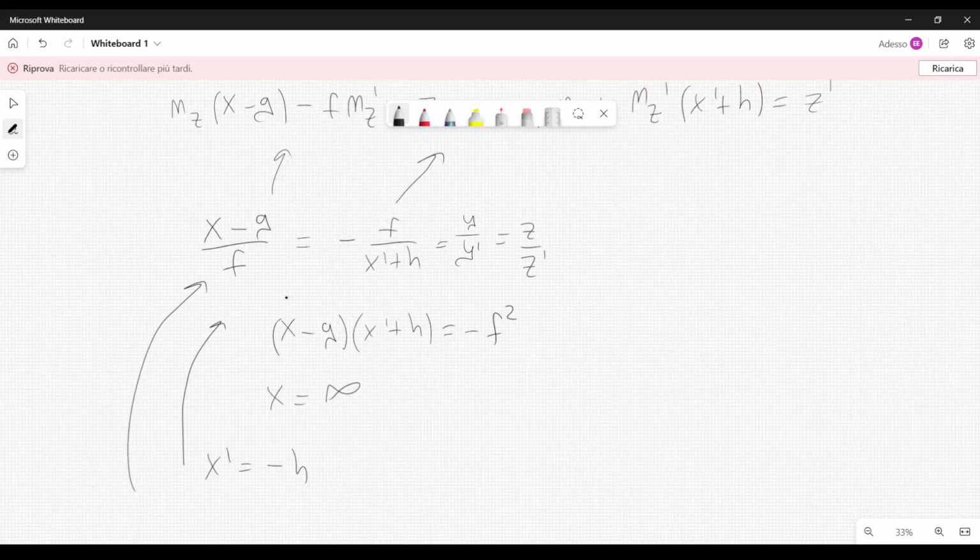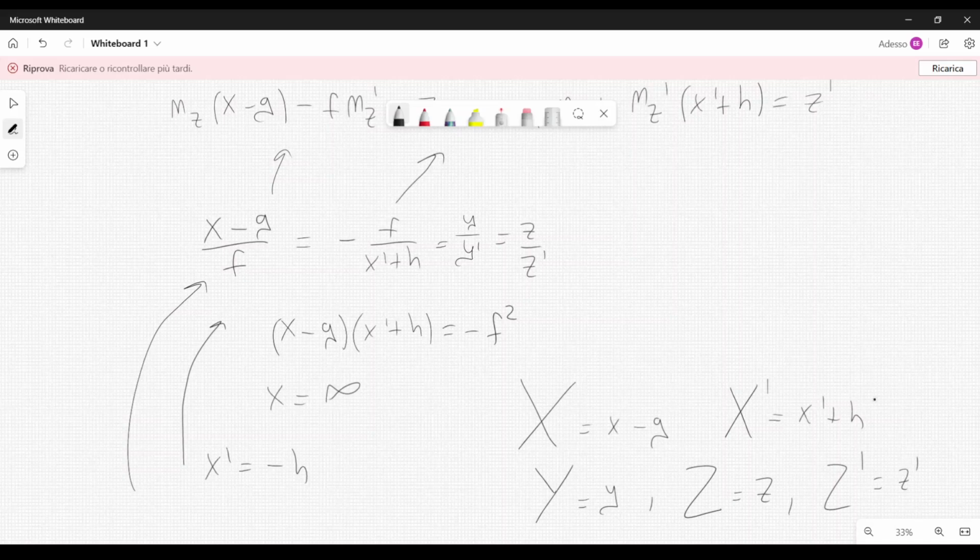Designating the new coordinates of object and image by capital letters, we have capital X equal to x minus g. Then we have capital X prime equal to x prime plus h. And then we have capital Y equal to y. And then we have capital Z equal to z. And capital Z prime equal to z prime.